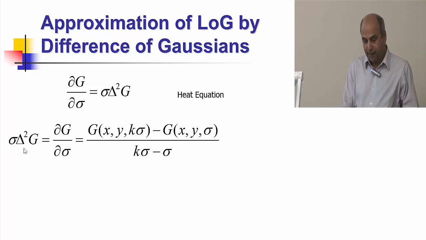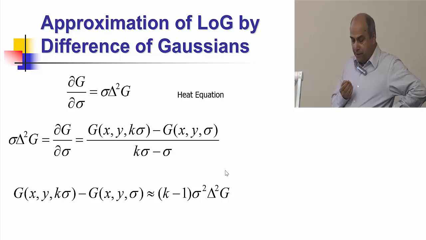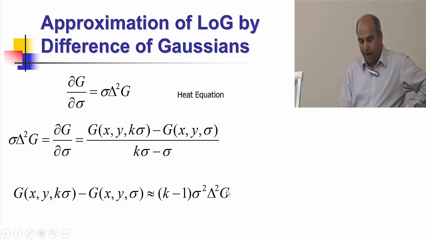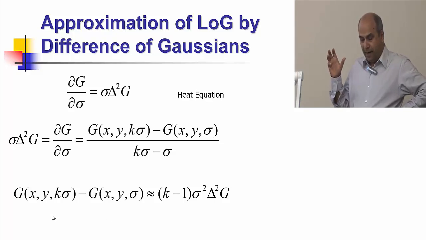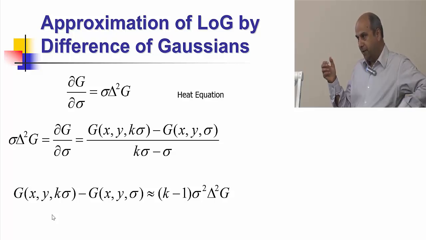So we can simplify that, bring this to this side, and we can take the sigma out, so it becomes sigma minus 1 over sigma, and we have sigma from here, so we get sigma squared times the Laplacian of g. What that means is that the Laplacian of Gaussian can be approximated by taking one Gaussian at k sigma, another Gaussian at sigma, two different standard deviations of Gaussian.